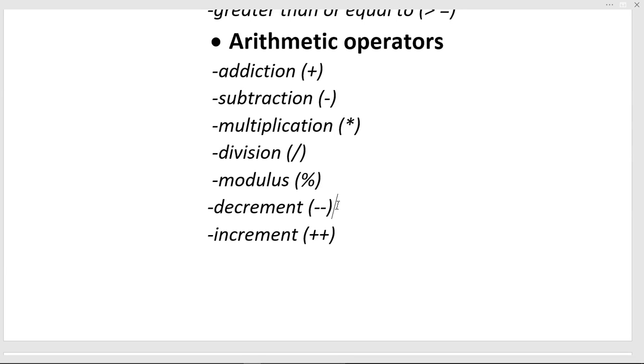Let's say you have 9 and you say minus minus, it means that it will be reduced by one value, which will become 8. For the increment, it adds one value. So plus plus, let's say it's 10, you'll have what?